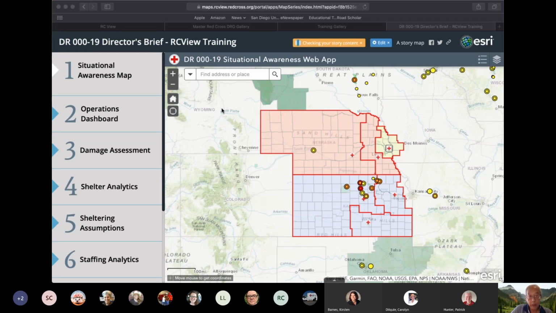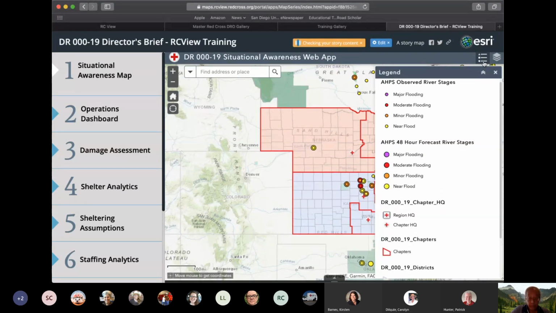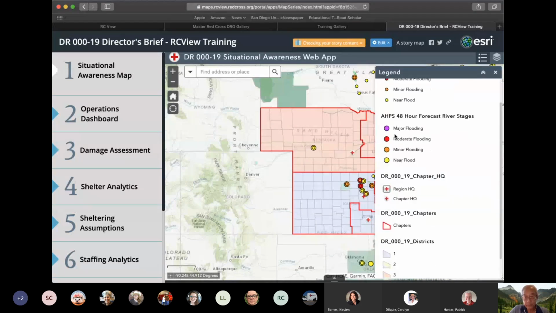It has an example of some flooding that was done in the Nebraska, Kansas area in fiscal year 2019, called the Situation Awareness Map. And just to remember, as a quick refresher, if I click on this, there we go, a legend, what you see here.